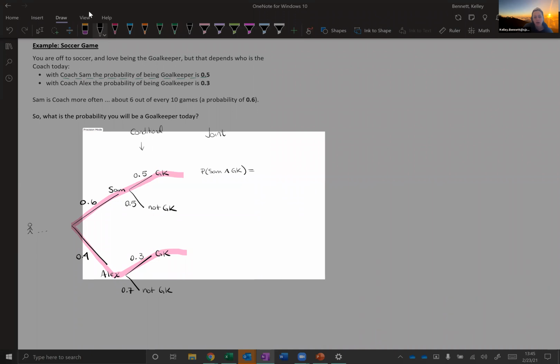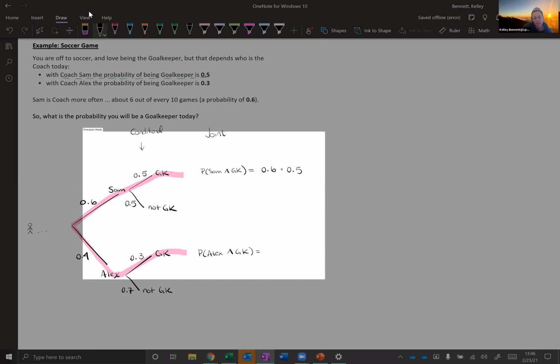That's merely the product of the two branches, the 0.6 from the Sam branch and the 0.5 from Sam into goalkeeper. So 0.6 times 0.5.